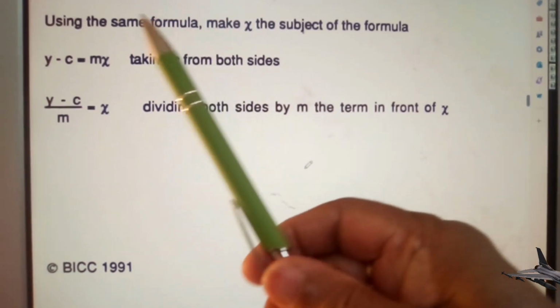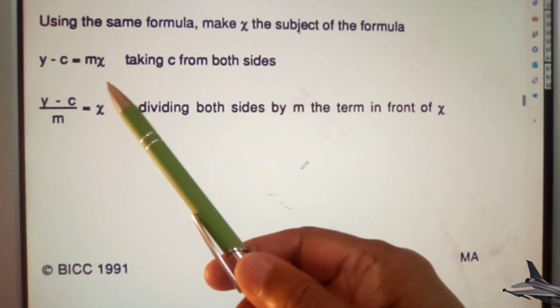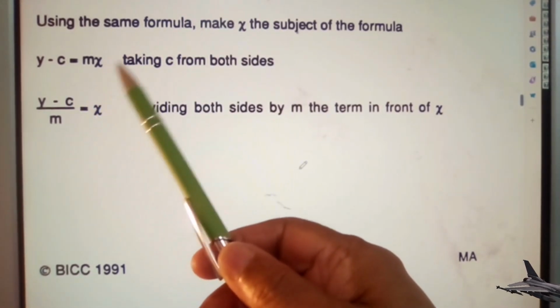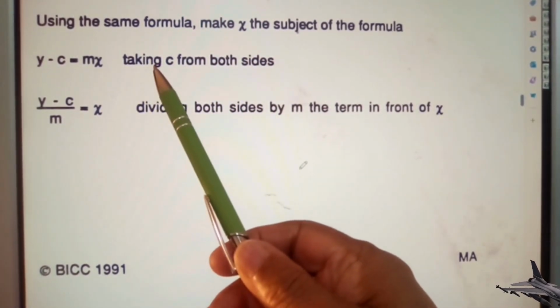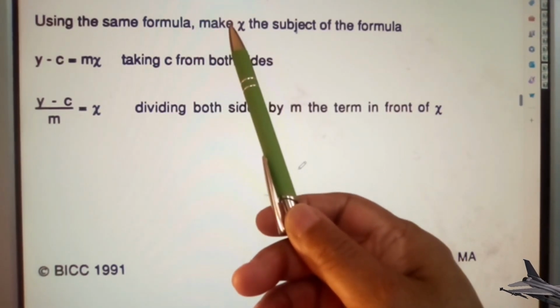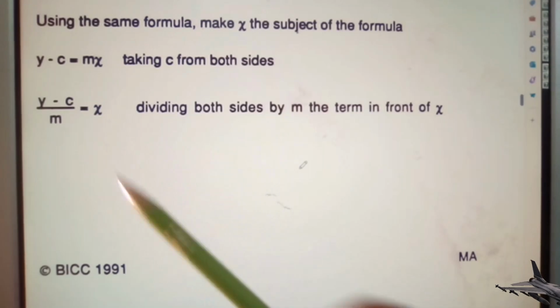So here you're using the same formula, make x the subject of the formula. Y minus c equals mx, taking c from both sides. As we want to make x the subject, you will need to divide both sides by m.